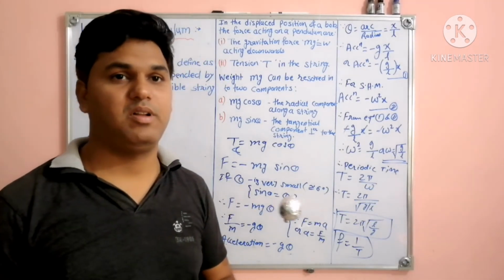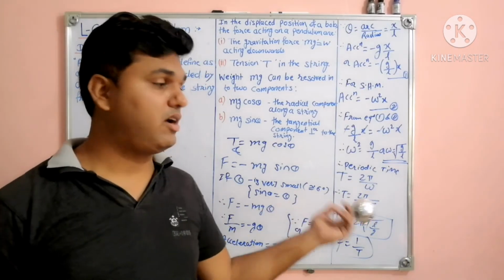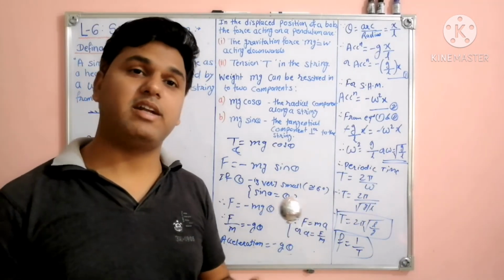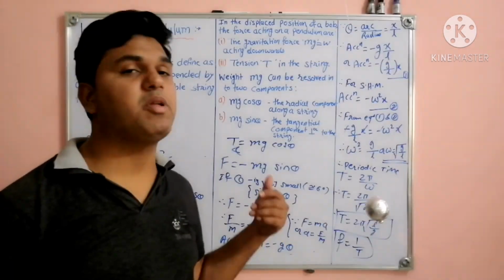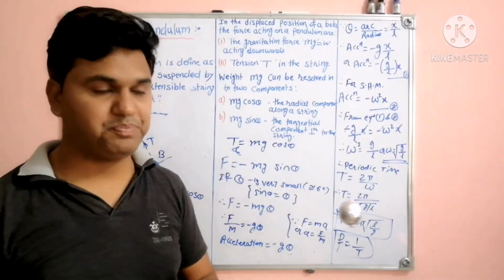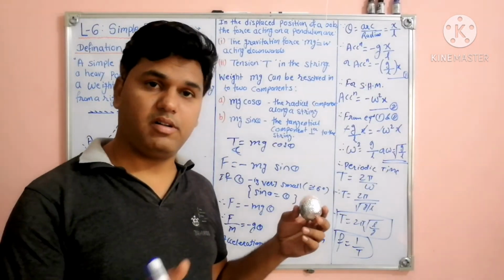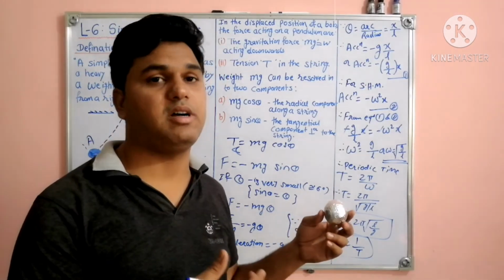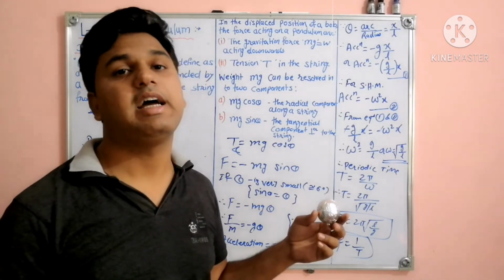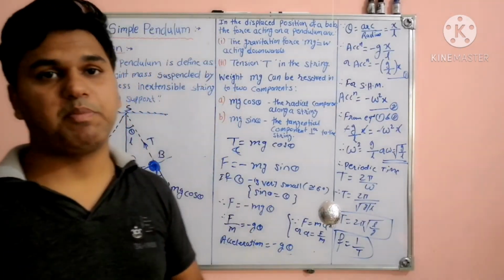The pendulum stops in the environment due to air resistance, but inside the vacuum chamber there is no air resistance, so it oscillates continuously. But in the practical case, the amplitude of this displacement decreases gradually. So this is all about the simple pendulum.